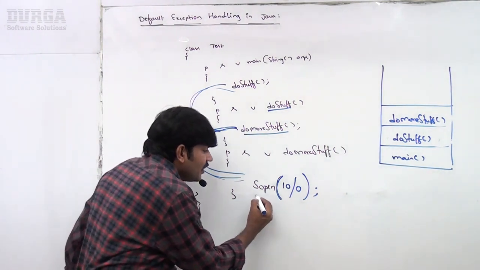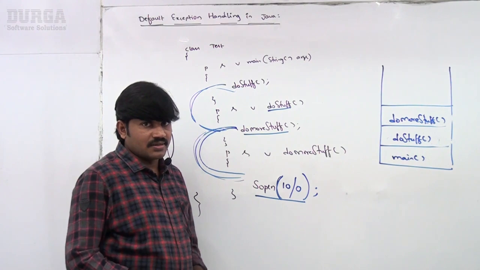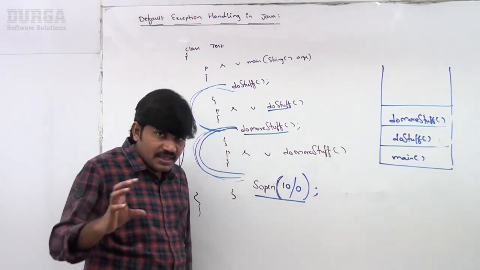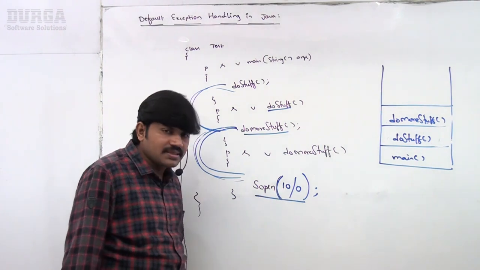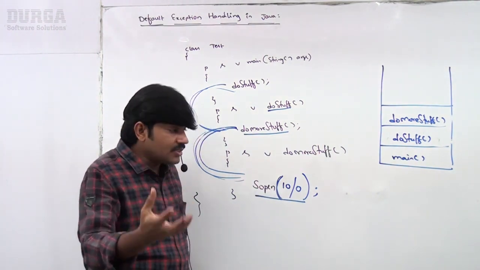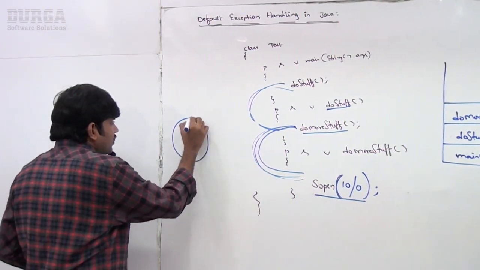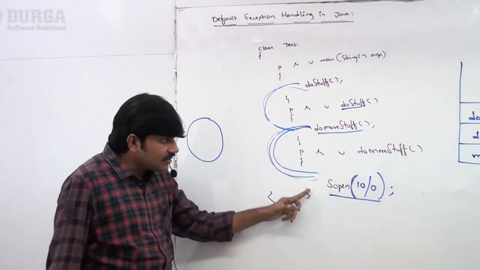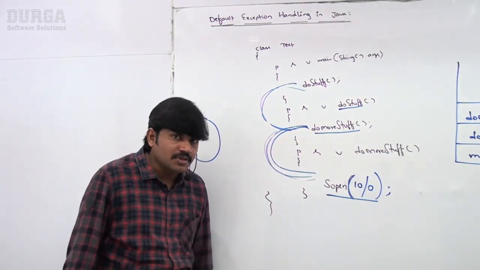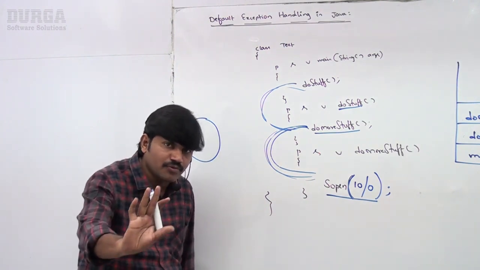Now here something goes wrong. Observe very carefully. Inside a method, if an exception is raised, the method in which it is raised is responsible for creating the exception object. Remember this: the method in which the exception is raised is responsible for creating the exception object, of course with the help of JVM only.